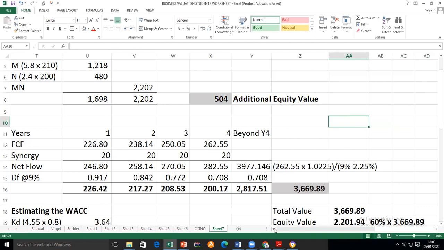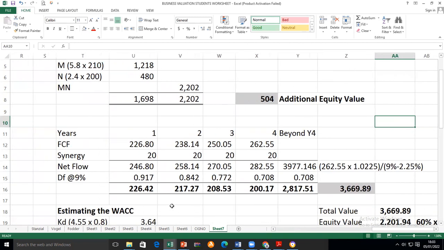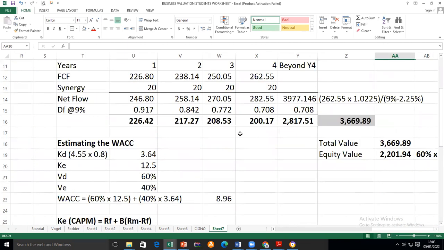So that's the additional equity value. How is that? Let's go. Comments.